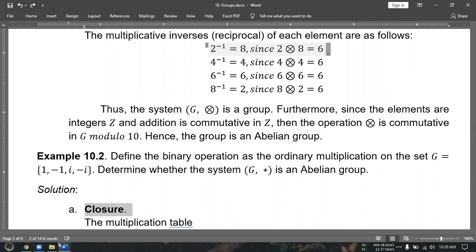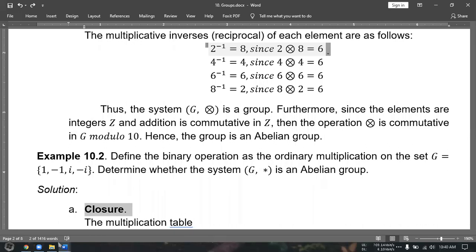Closure property will be illustrated clearly using tables. But you may just use examples or counter examples.